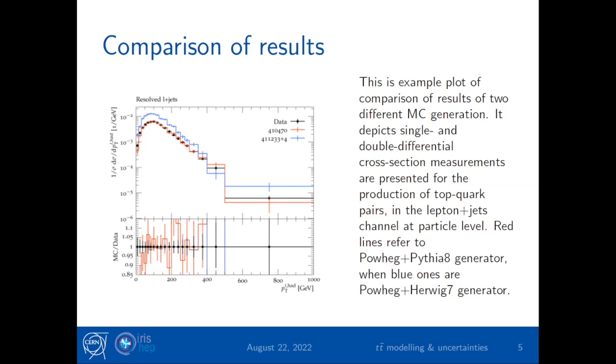That means that when a collision produces a pair, one top quark will decay leptonically, and the other will decay hadronically, and we are interested in the cross section of this channel. Okay, thank you.